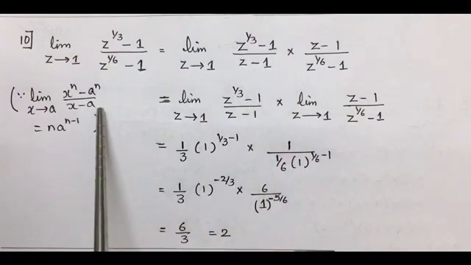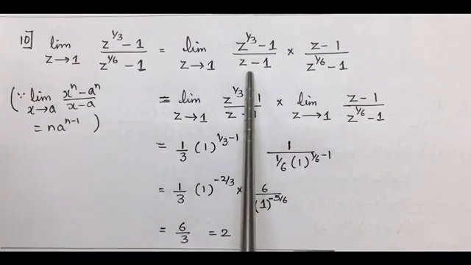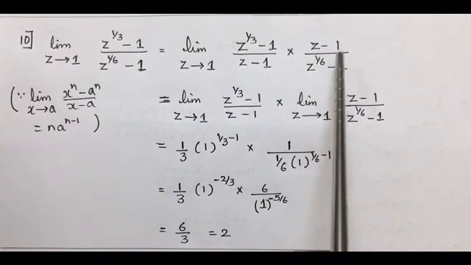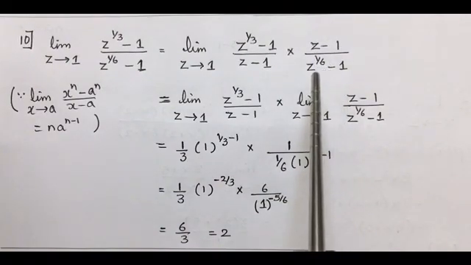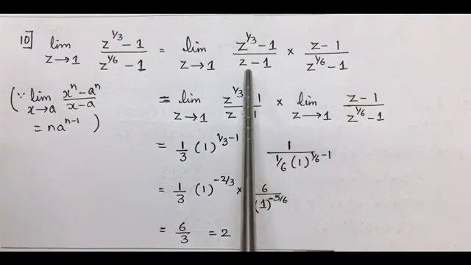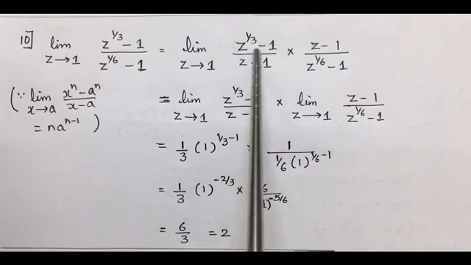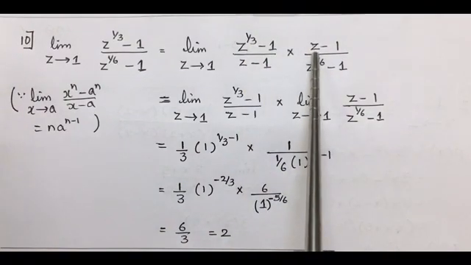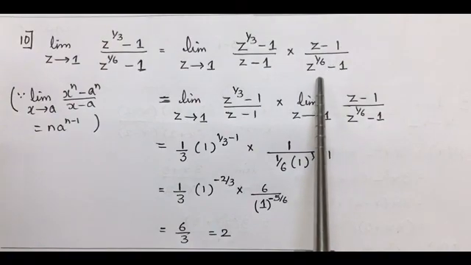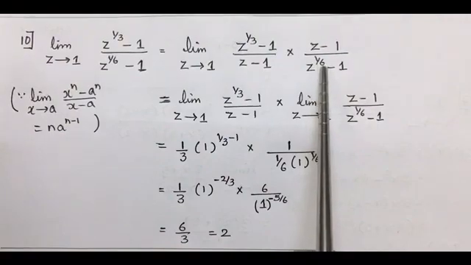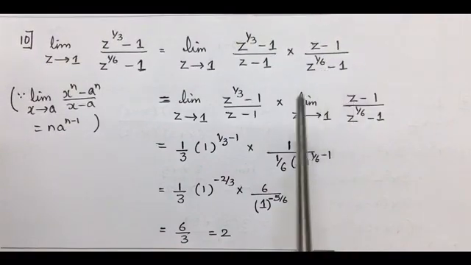So for the adjustment of this formula, we divide by z minus 1 as well as multiply by z minus 1. Now one of the z minus 1 is taken with the 1 by 3 part and one of the z minus 1 is taken with the 1 by 6 part.